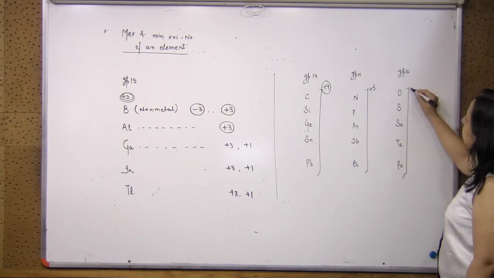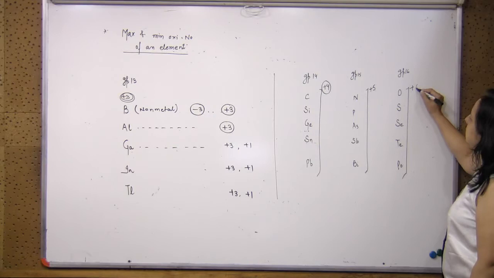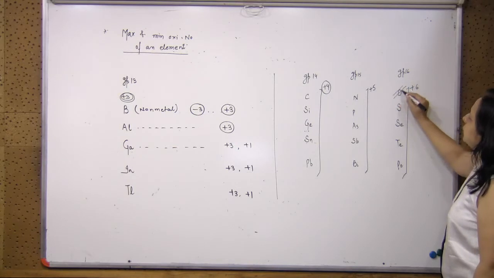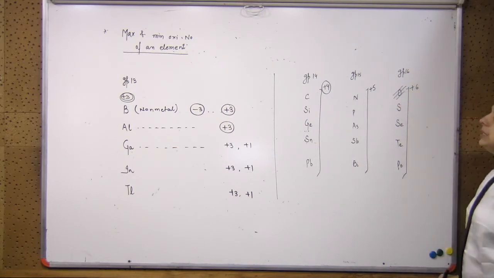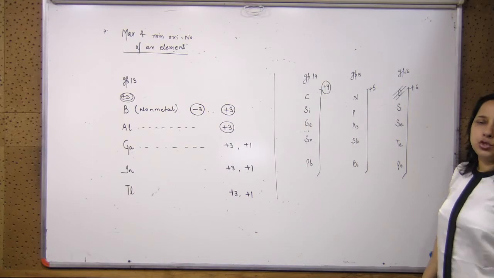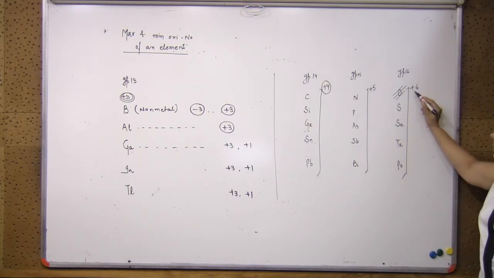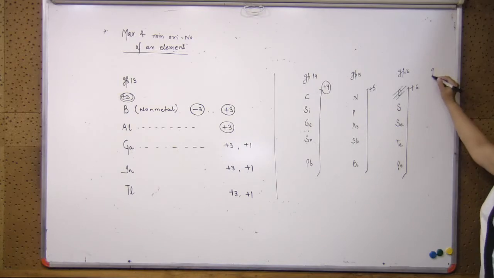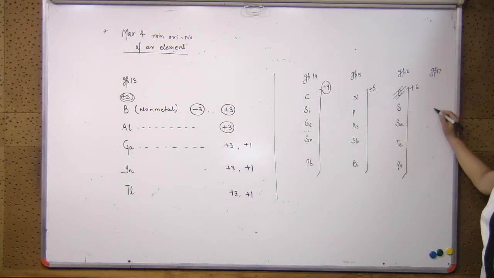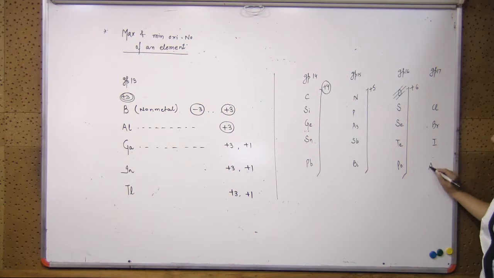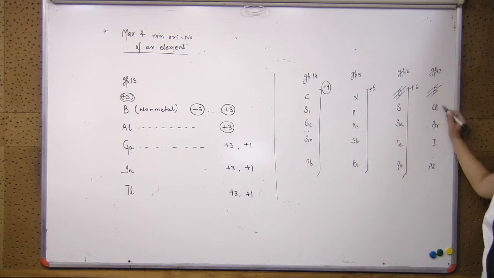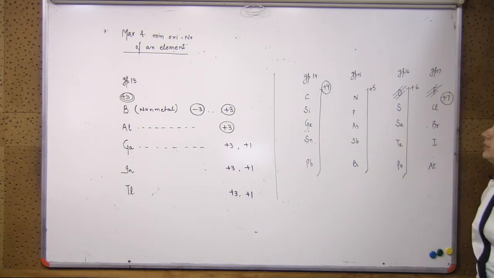Maximum is +6 except oxygen, because oxygen can show maximum +2. Rest of the elements can have maximum +6. Group number 17 is chlorine, bromine, iodine and astatine. Fluorine we can't consider, it is only -1. Rest of the elements can show maximum +7.